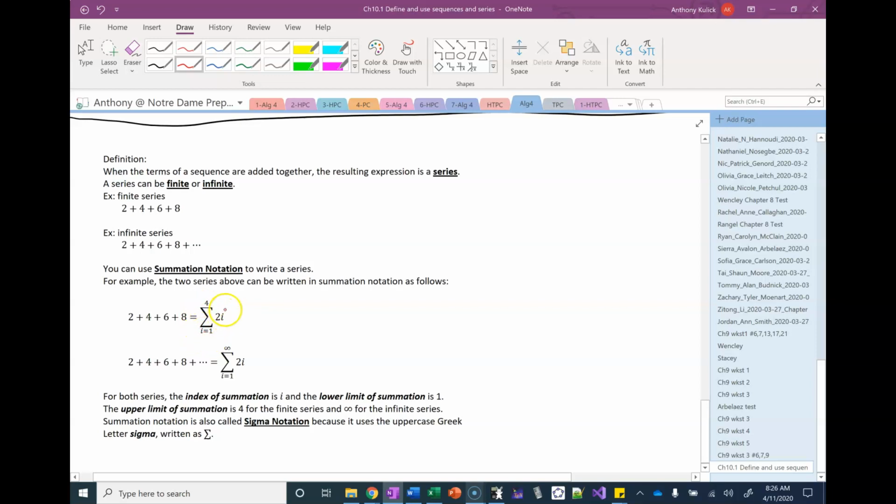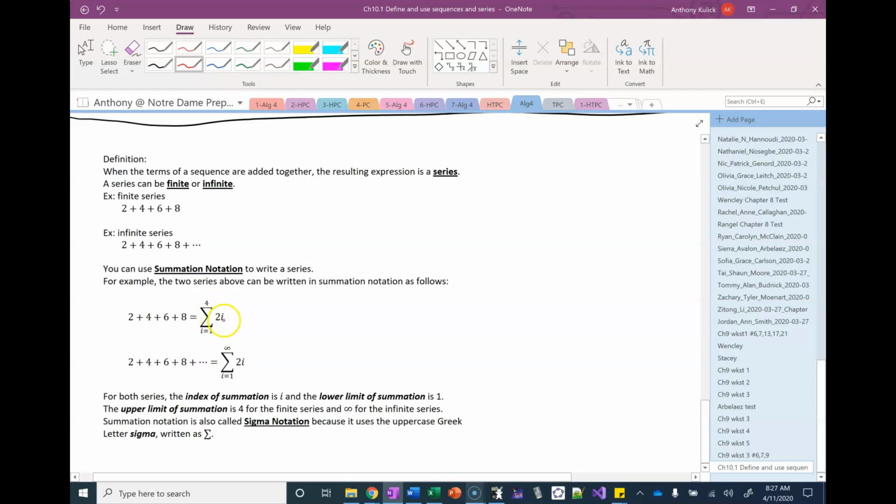The i that's appearing here is called the index of summation. It's basically the variable that we're using inside of our summation. The lower limit of summation is what we start with here, and that's usually set to 1. The upper limit of summation is the number on top of the sigma symbol. And the 2i is the formula for the sequence that we're adding up.